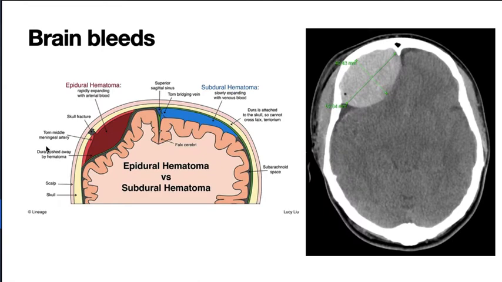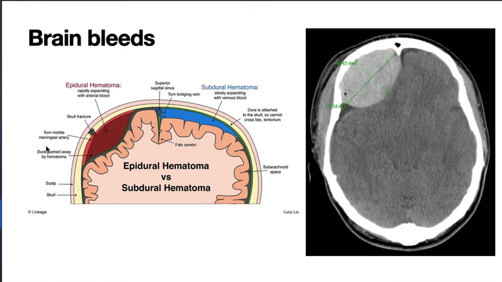All right, then we have epidural hematoma or epidural hemorrhage. This occurs in less than 6% of major head traumas. Most of these are from arterial bleeds due to the location of the middle meningeal artery in the epidural space. These are frequently associated with temporal skull fractures. So classically, when you see these bleeds, there'll be a brief loss of consciousness, then a lucid period, and then a rapidly declining level of consciousness.